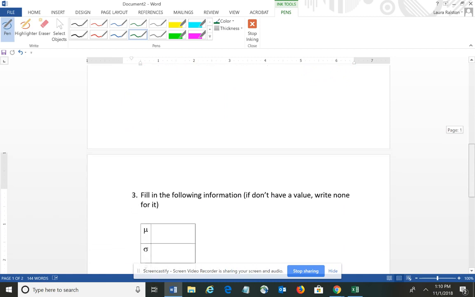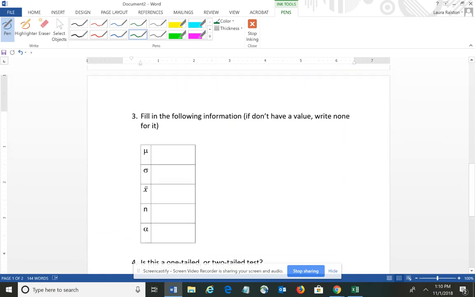Then you need to identify the information that you need to calculate the problem. And you may not be familiar with these symbols. I believe in the homework it's written out. Mu is the population mean, and the population mean is always the value that is in your hypothesis.